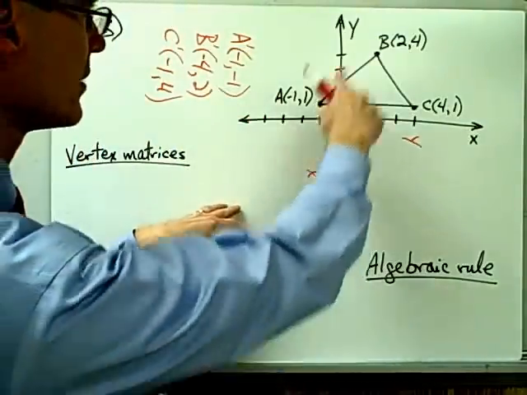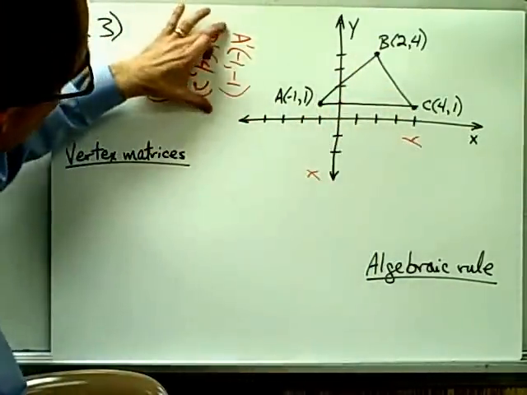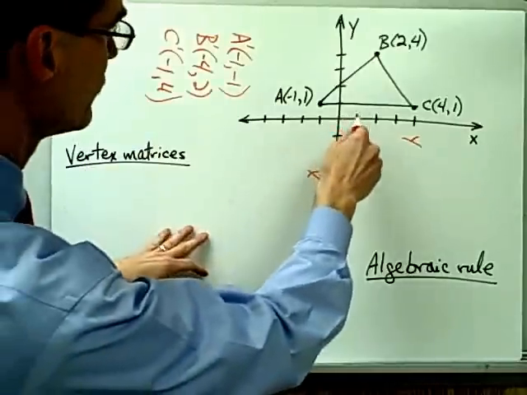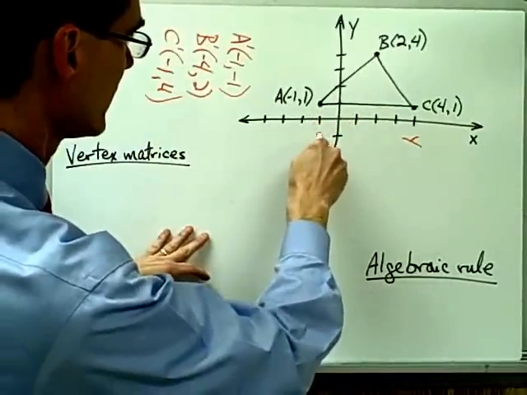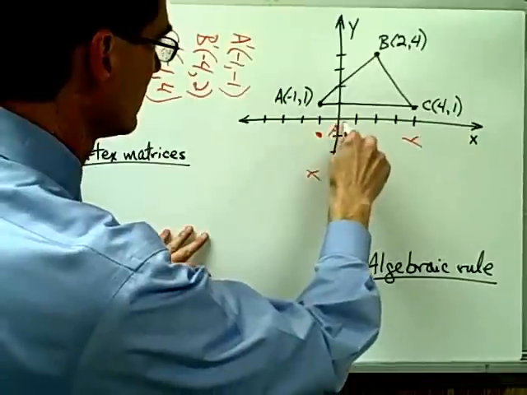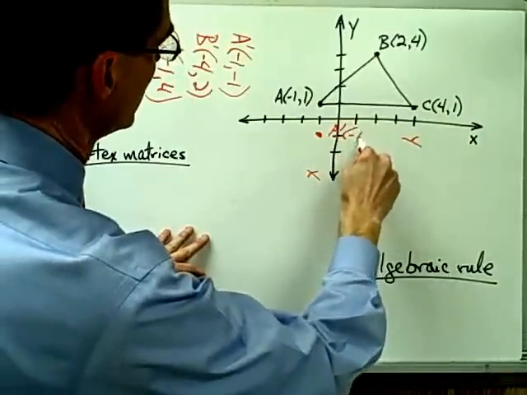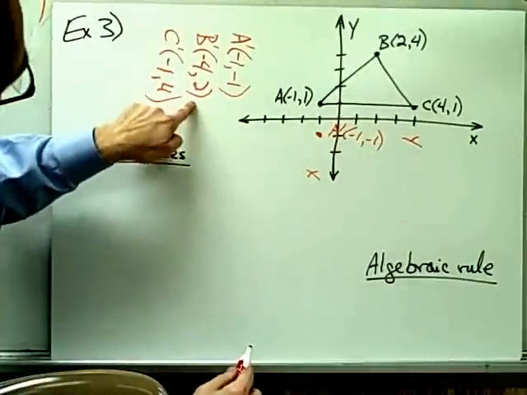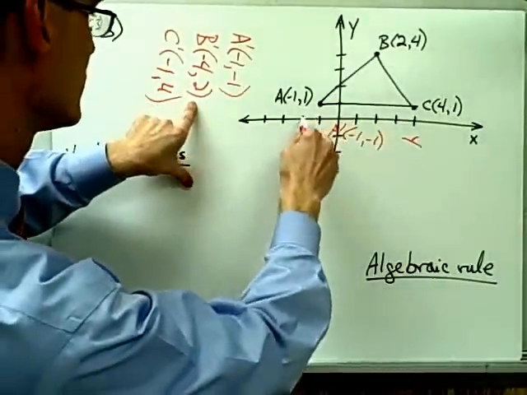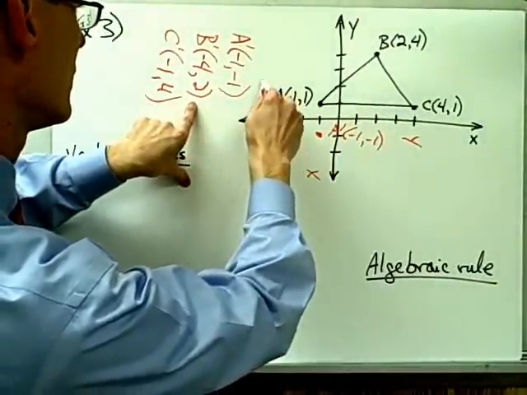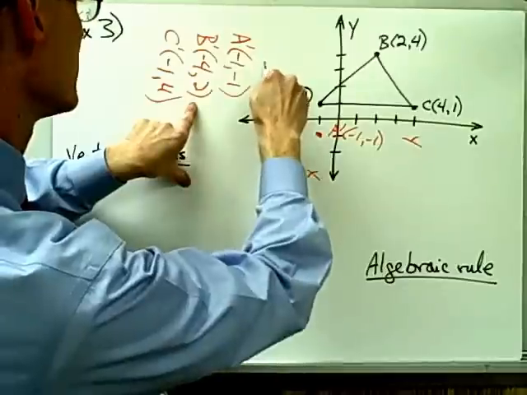Let me just fill those in on my original set of xy axes. So A prime is -1, -1. So that's right here. B prime is -4, 2. So this is B prime.